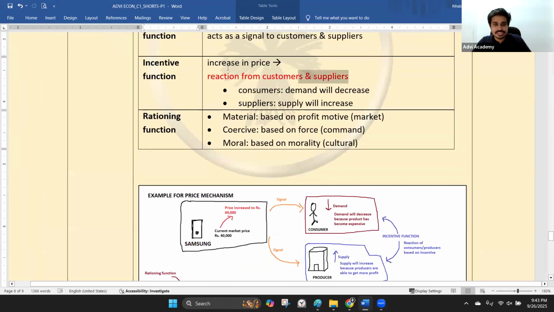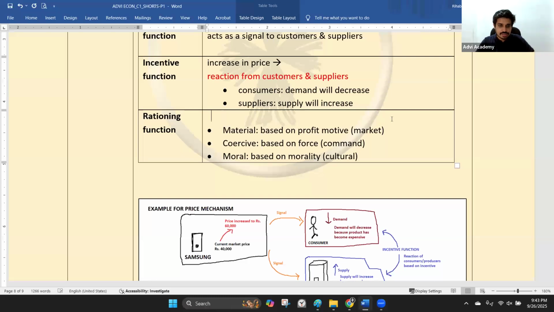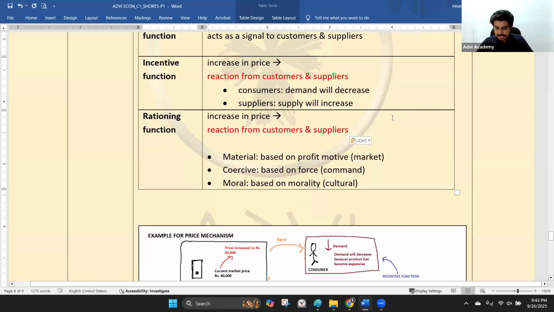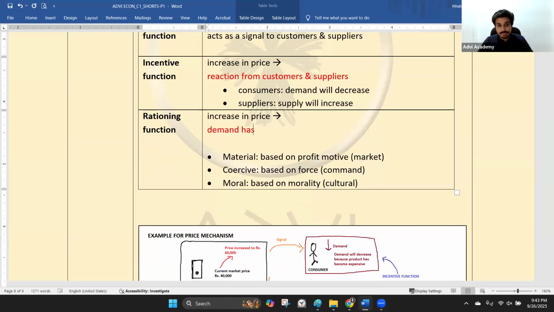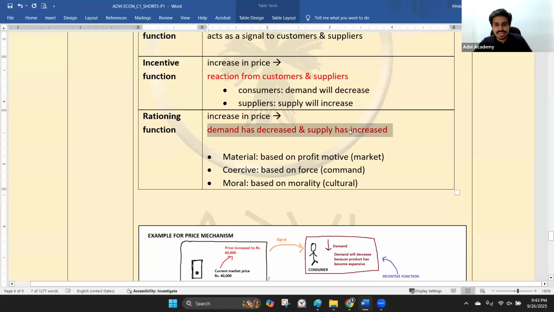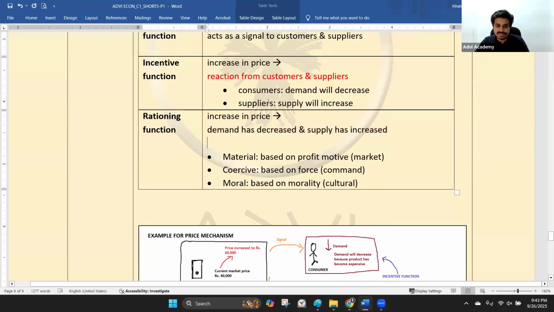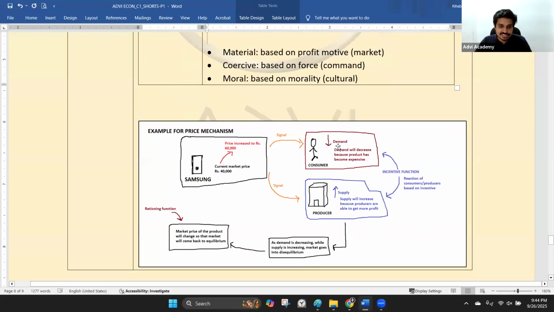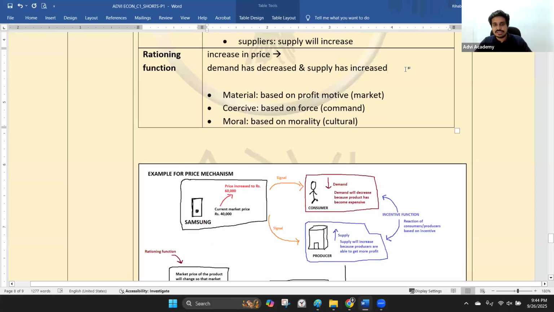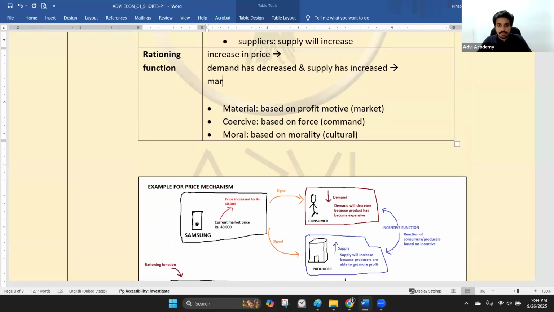So now we know that an increase in price has actually gotten a reaction from the customers. Demand has decreased and supply has increased. That's basically a reaction. Because of this, demand is decreasing, supply is increasing. This leads to market disequilibrium.